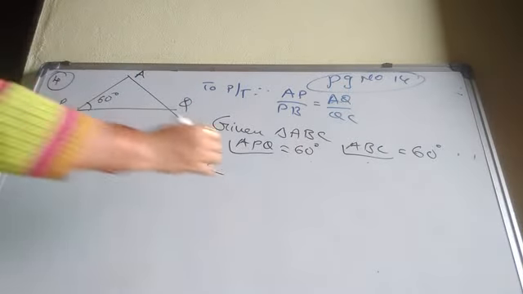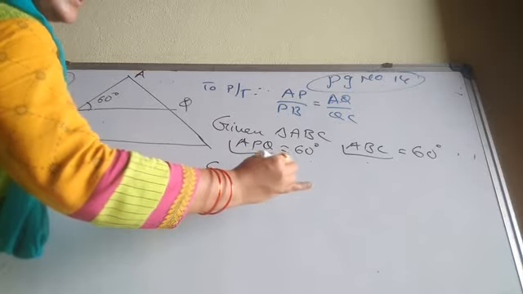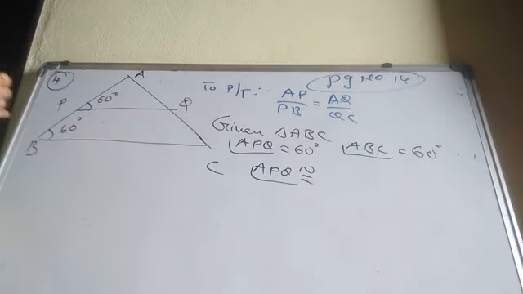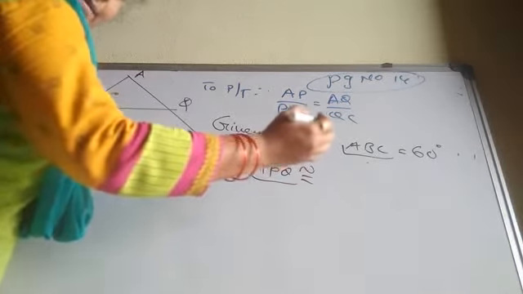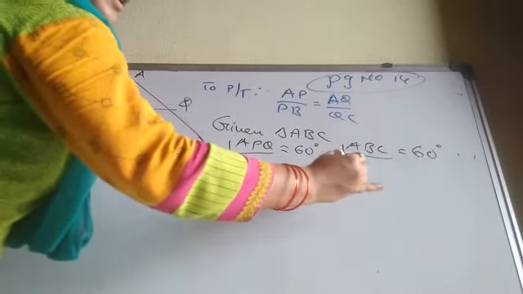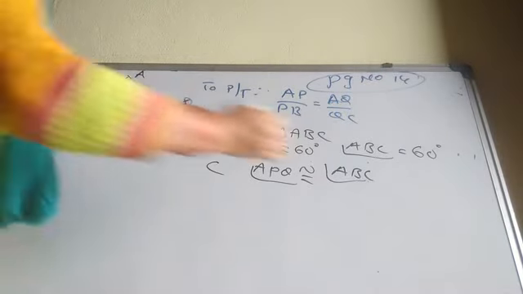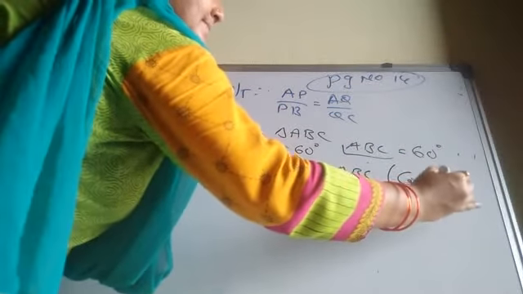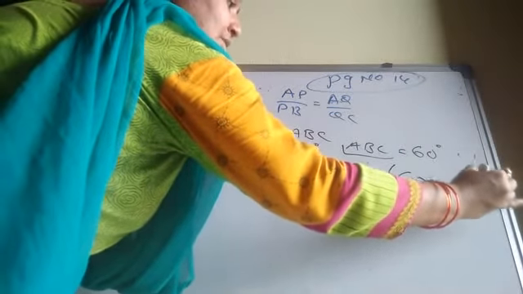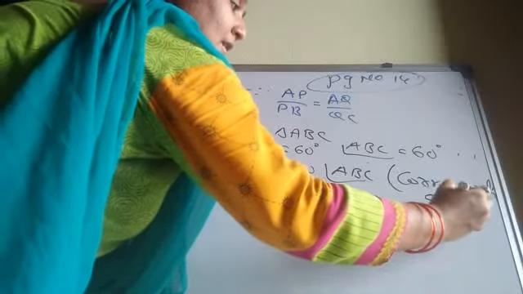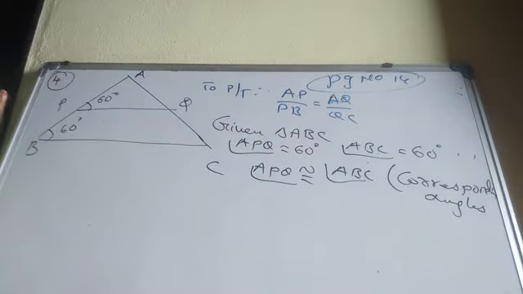These two angles are congruent. Angle APQ is congruent to angle ABC. Congruent or no? These are which type of angles? Corresponding angles. Corresponding angles are congruent.